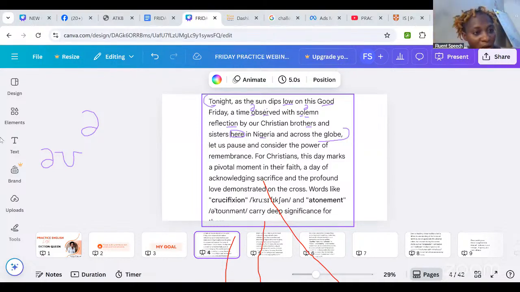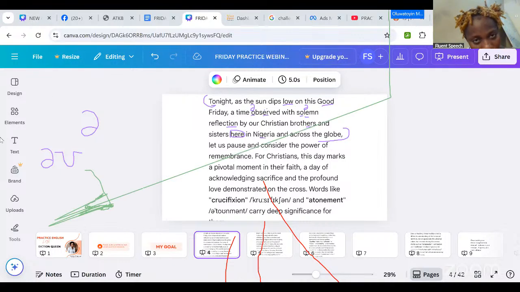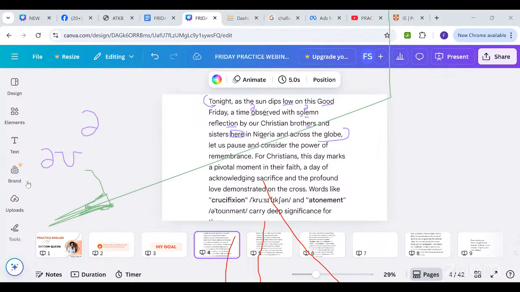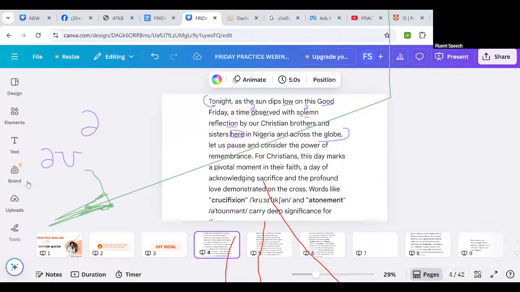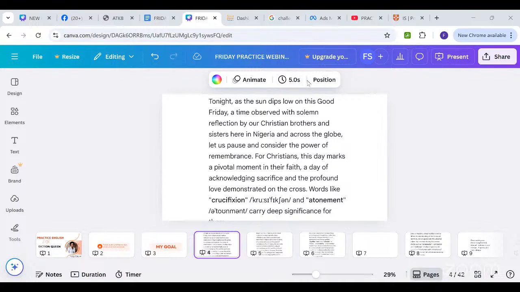There's a schwa. The letter A in across makes the schwa. And across the globe. Please take it again from here in Nigeria and across the globe. Here in Nigeria and across the globe. Okay, well done, ma'am. Thank you. Please mute yourself, ma'am.